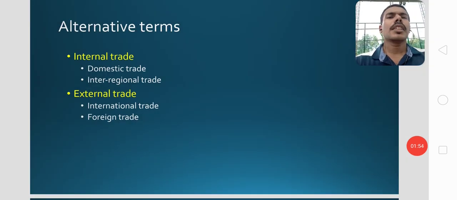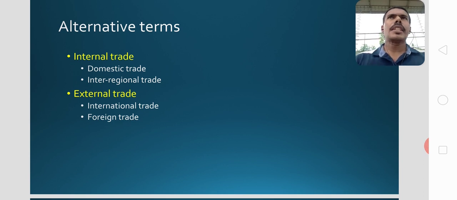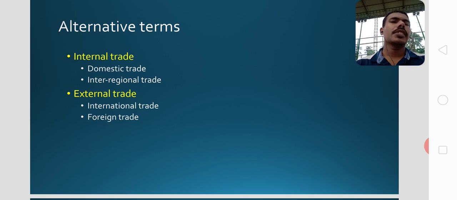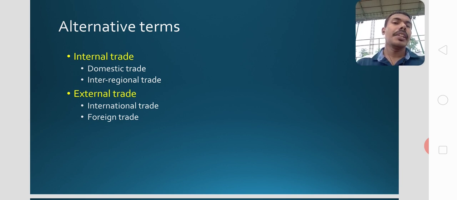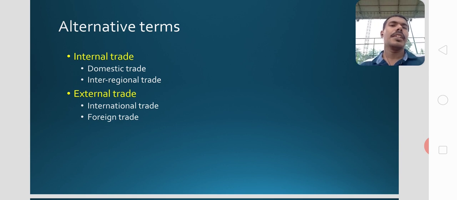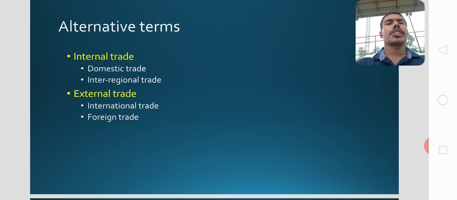So what are the alternative terms for internal trade and external trade? These are actually pretty simple to understand. Internal trade is also called domestic trade. It is also called interstate trade or inter-regional trade. It is also called inter-provincial trade.